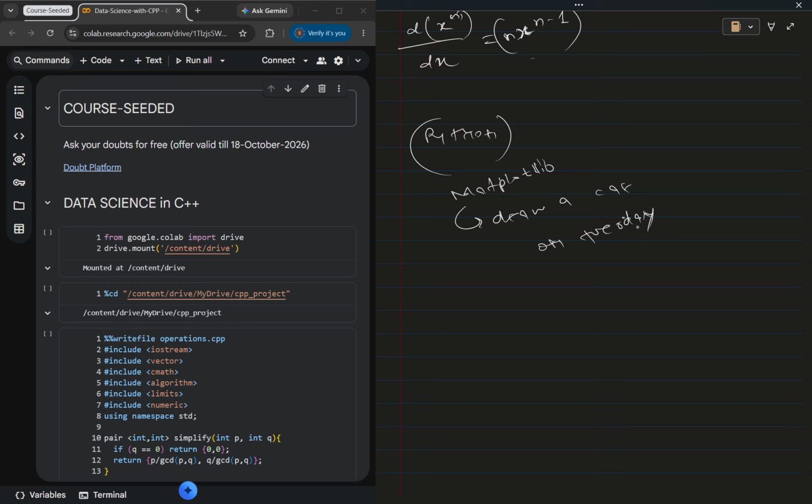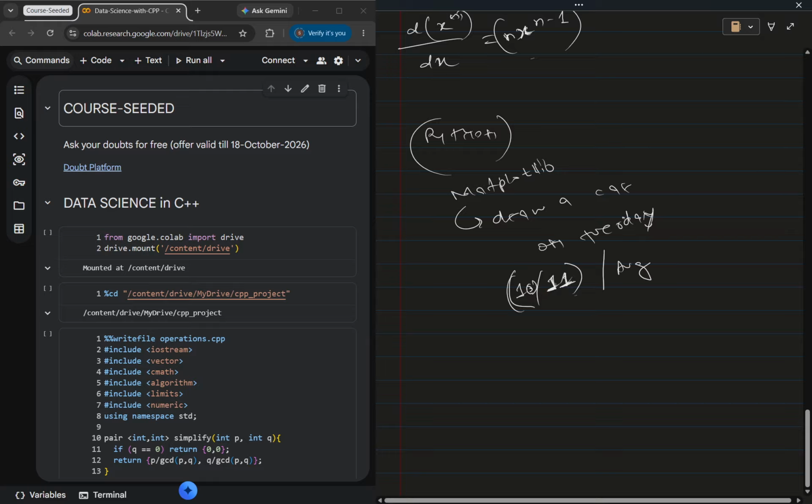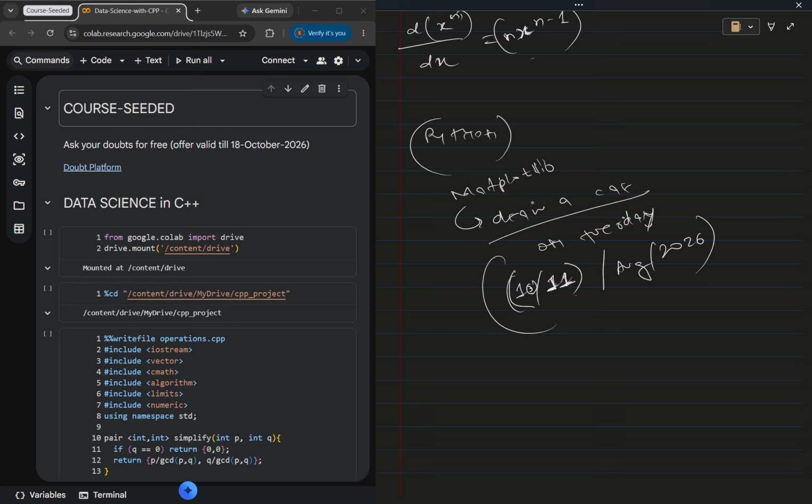I think the date would be around 10 or 11, based on your timeline, at the time of upload. So 10 or 11 of this August 2026, you are going to have a fun session. Basically, we'll be drawing a car using matplotlib.